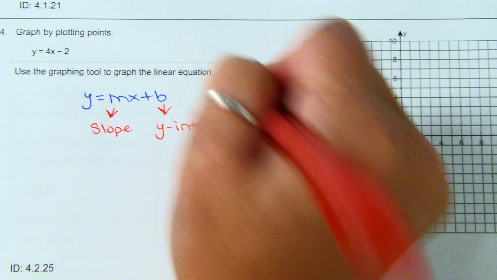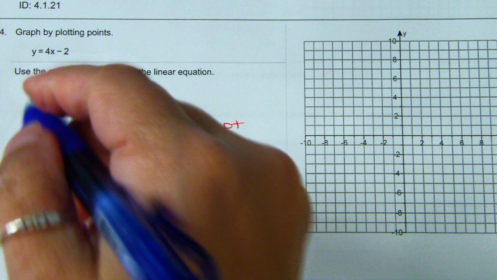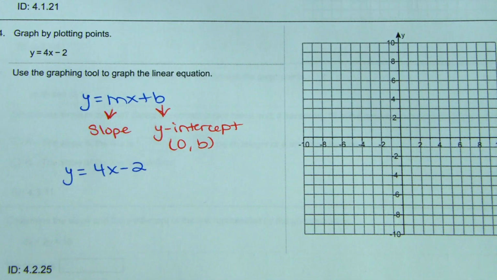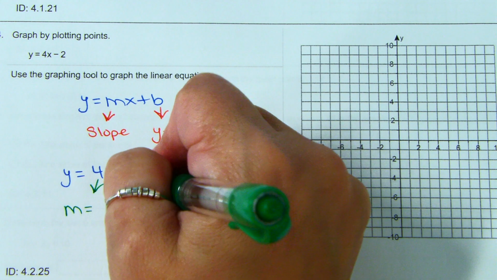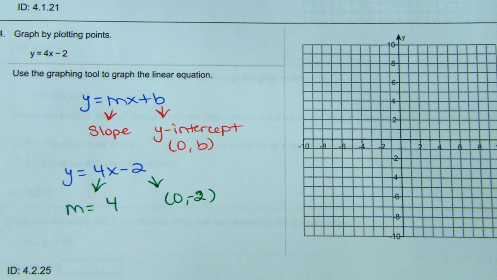And that is written as (0, b). So if I have y equals 4x minus 2, then from this equation, I know that my slope is 4 and that my y-intercept is (0, -2). This is great because that's all I need to know in order to graph this line.